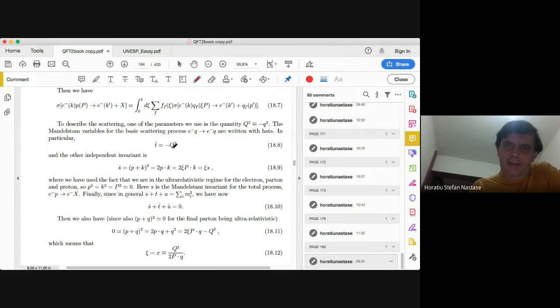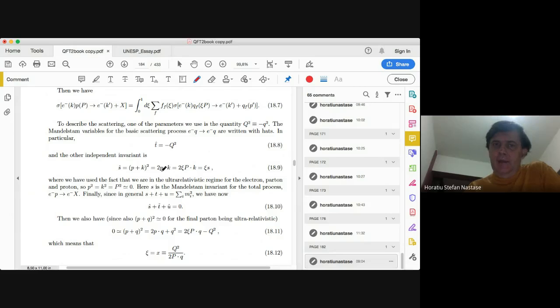So t hat is minus capital Q squared. And similarly, s hat is (p plus k) squared, which is 2 p dot k, since p squared and k squared are 0, the objects being ultra-relativistic.